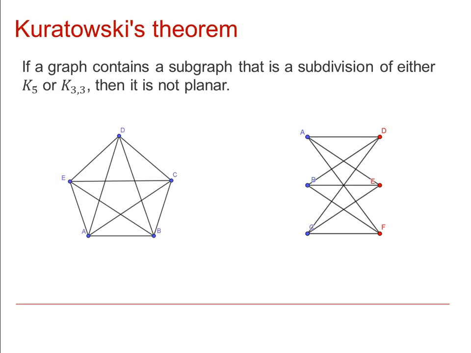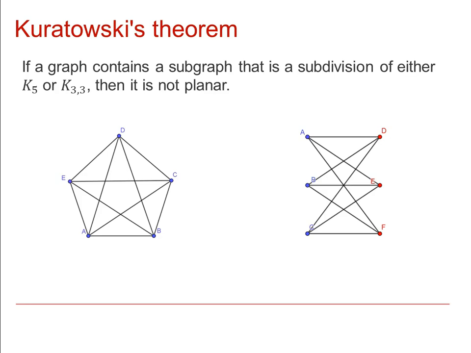But what is very interesting about Kuratowski's theorem is that it also says the opposite, in a way. It says that if a graph does not contain either K5 or K3,3, it is therefore planar.